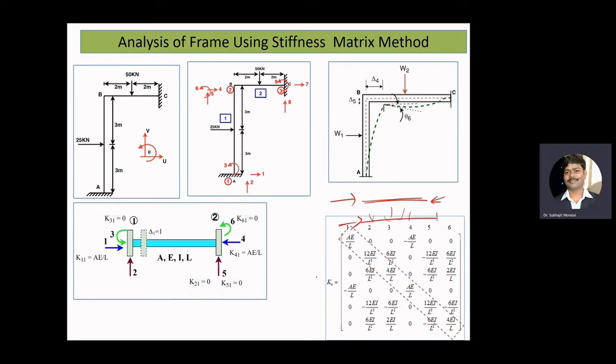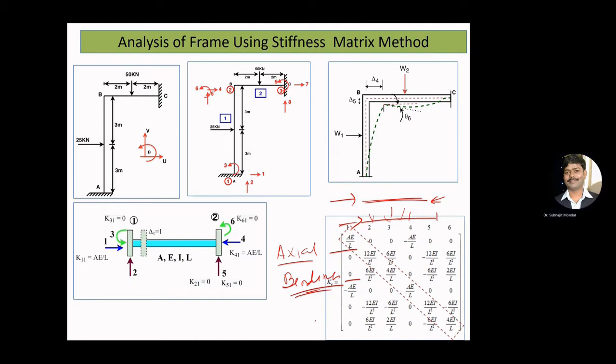And a frame element we use to model a member which can carry both axial force as well as bending. Okay. So now for a frame element, we should have a degree of freedom corresponding to the axial element, as well as a degree of freedom corresponding to our beam element.